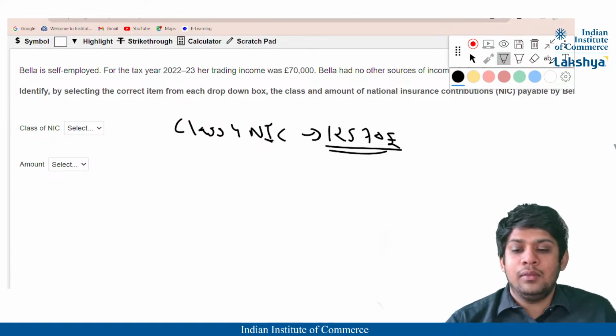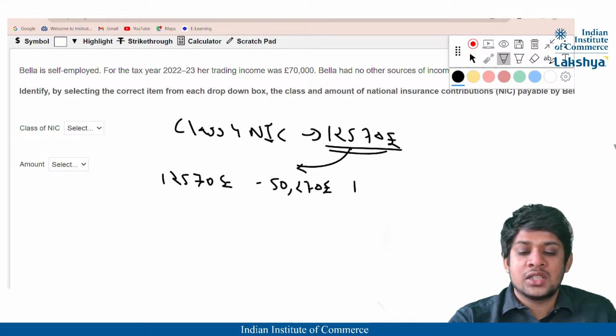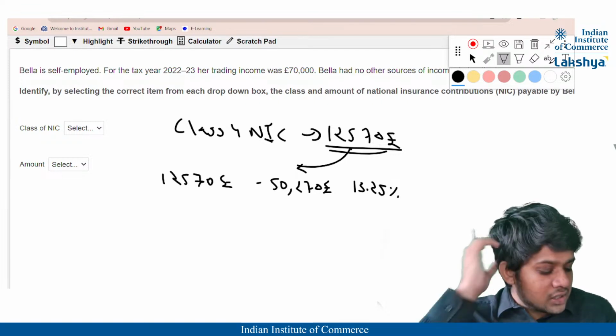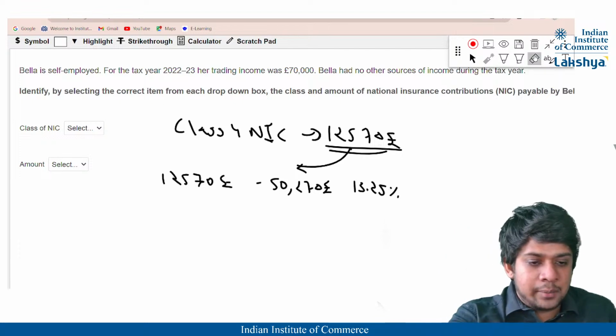After it exceeds £12,570, from £12,570 up to £50,270, she will be chargeable at 13.25%. Sorry, not 13.25, 10.25. I forgot the percentage.